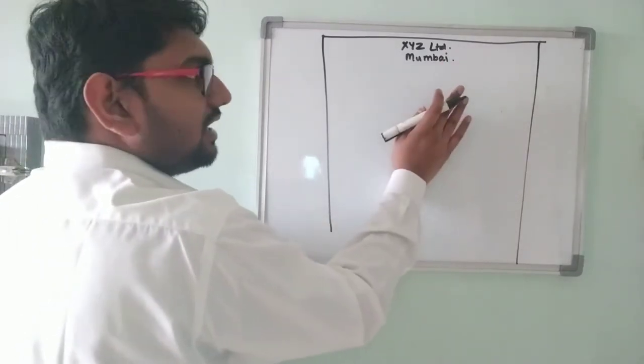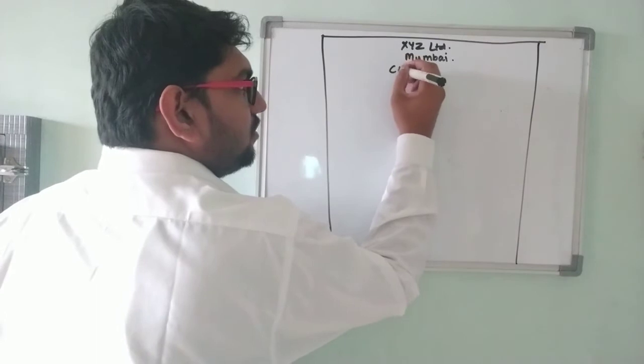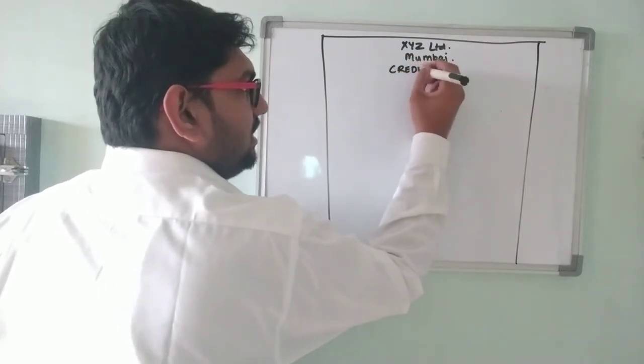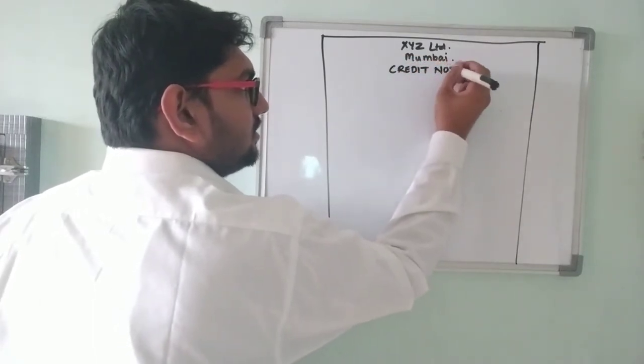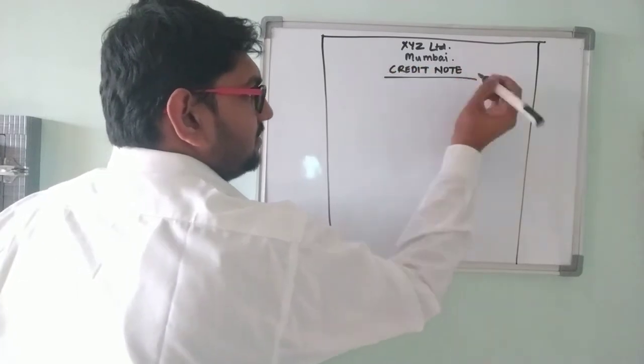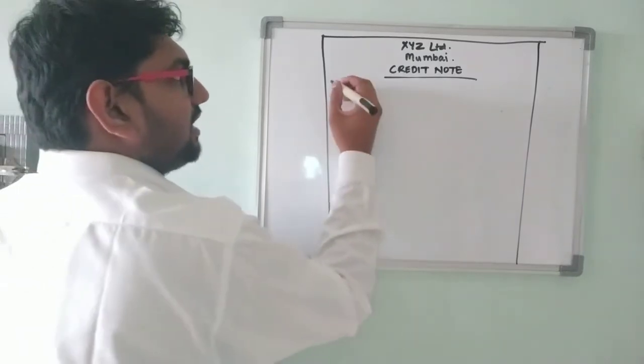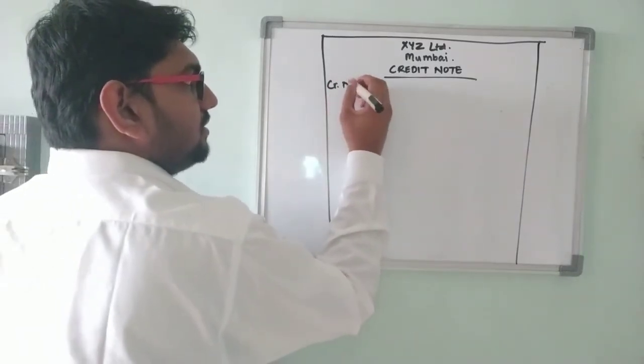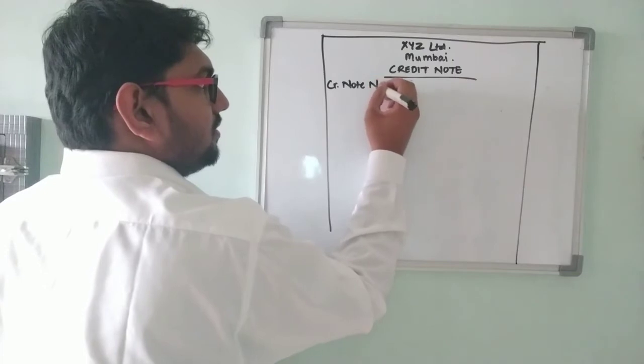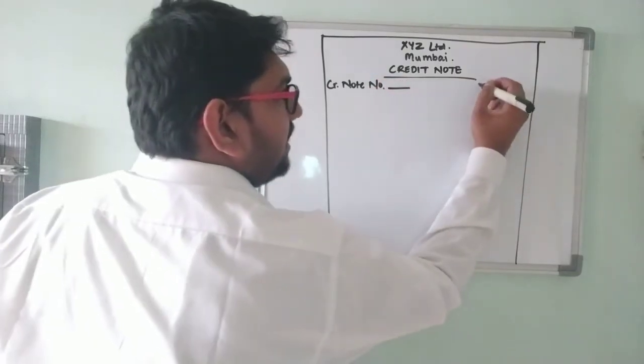Now I am creating a credit note, so I have to write credit note over here in bold and underline. Then my next step is to write the credit note number over here and the date over here.